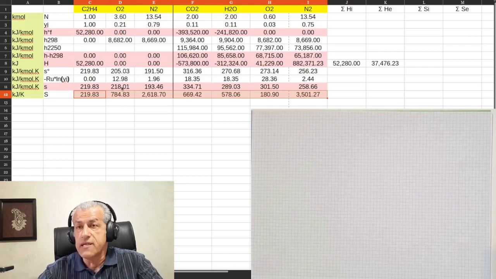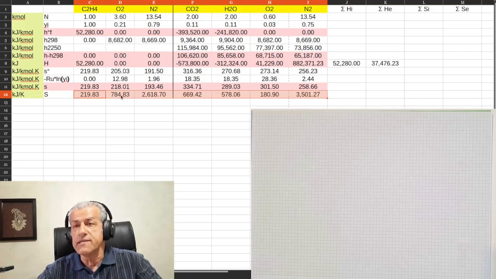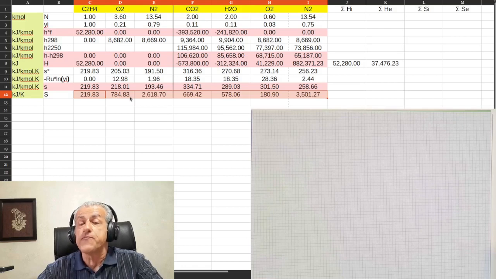First is here when we say that it is 3.6 kilomoles of O2 in the mixture, and therefore each kilomole of O2 has an entropy of 218, and therefore the total entropy of O2 is 784.83. But this 784.83 kilojoules per K for O2 is calculated for every single kilomole of C2H4.